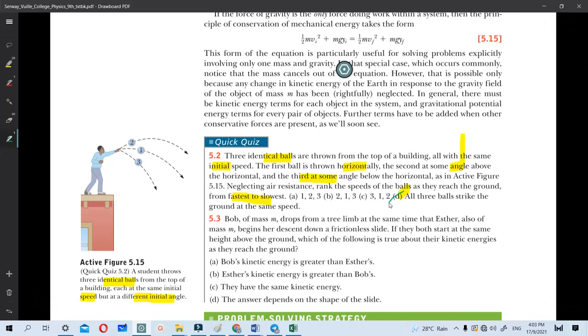Why? Because initially they have the same total energy. When you go back to use the concept of work after this, you can actually show that they will end with the same speed. So that is again the generic idea that gravity is a conservative force.